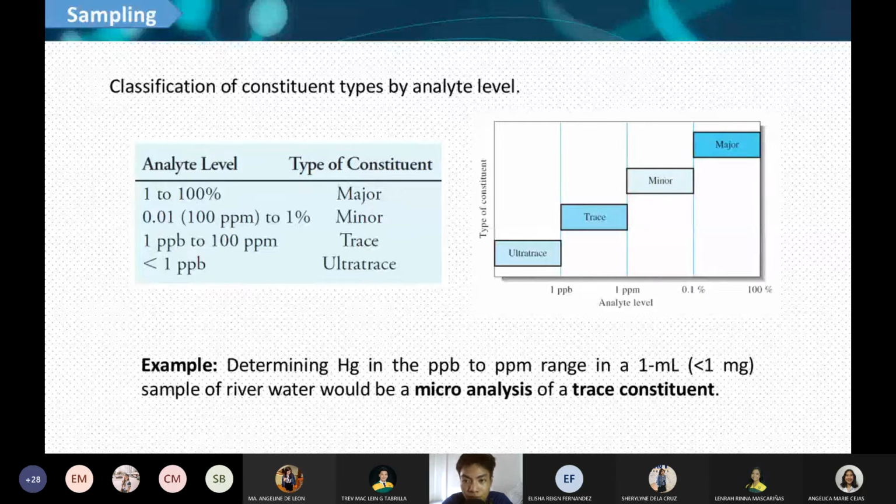So that's a major analysis. However, if the concentration of your analyte becomes lower, then magiging ano yan, minor, trace and ultra trace analysis.